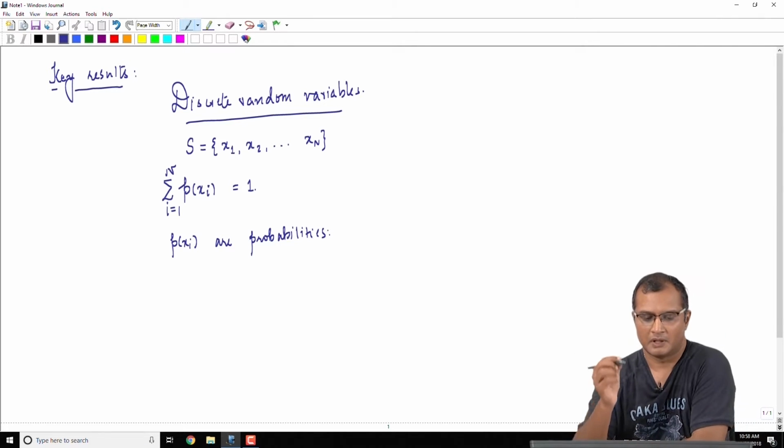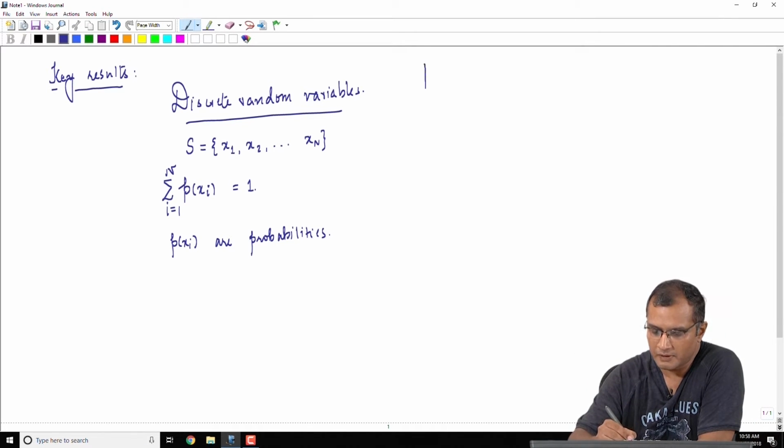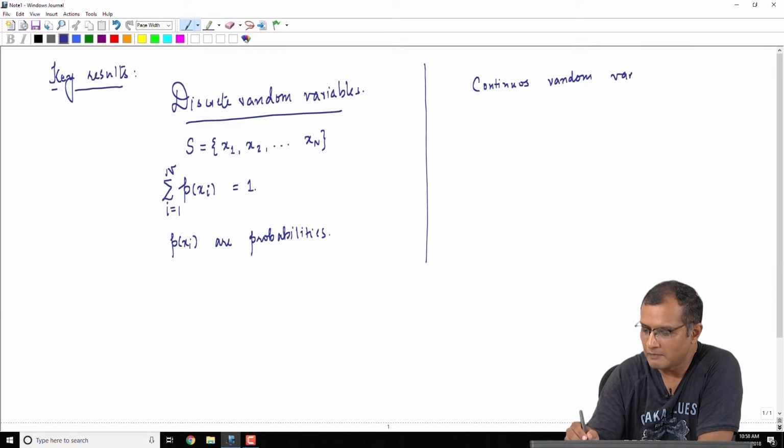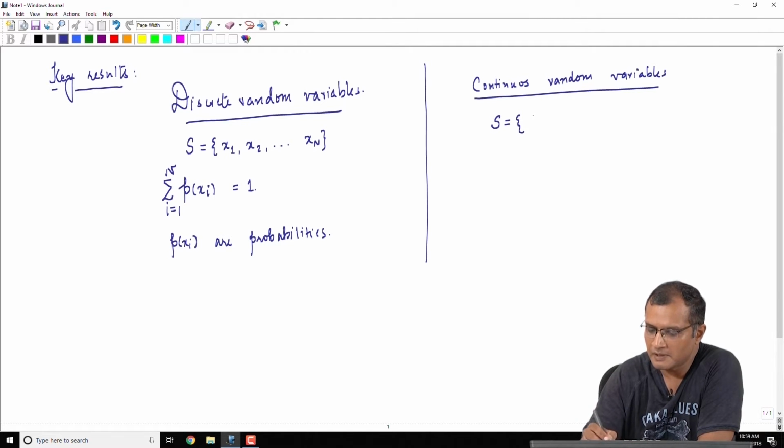Okay. In the context of continuous random variables, we saw that the set of outcomes are not discrete numbers.